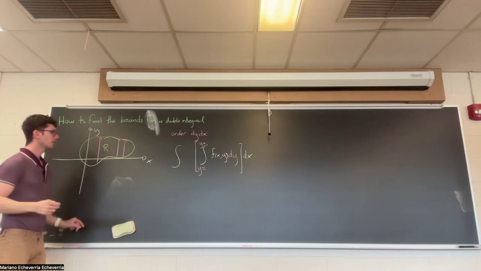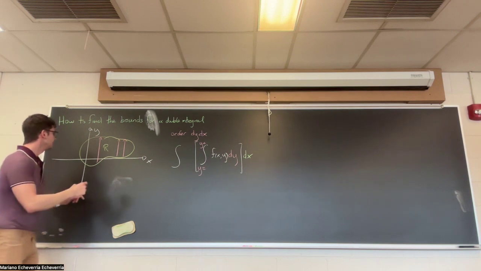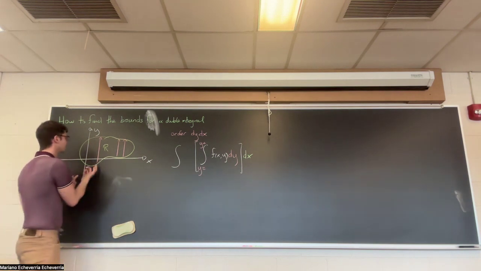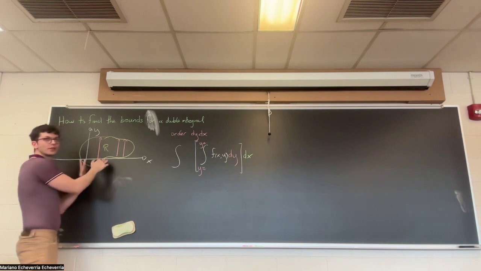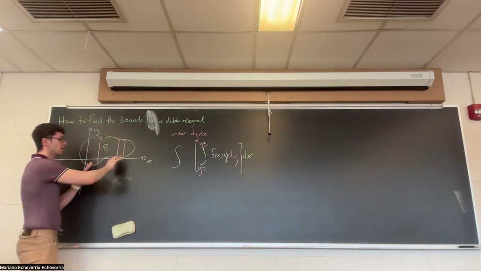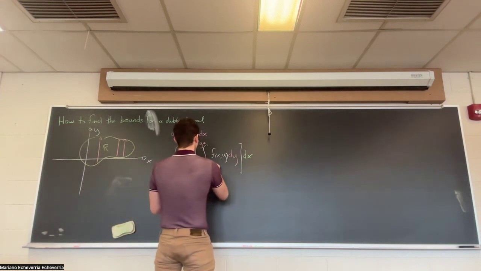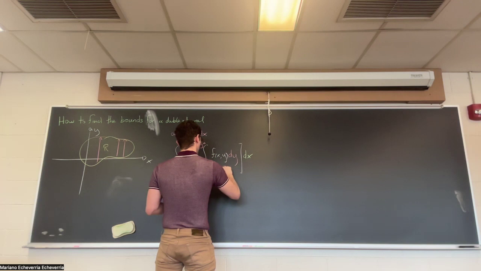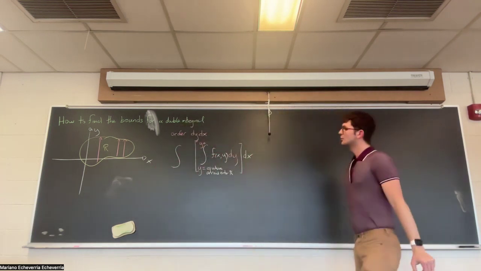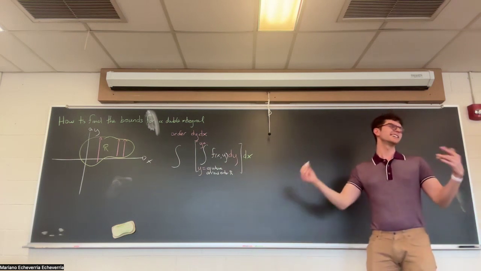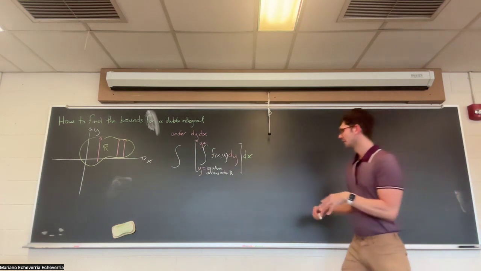The lower bound is the equation where the arrows enter the region R.